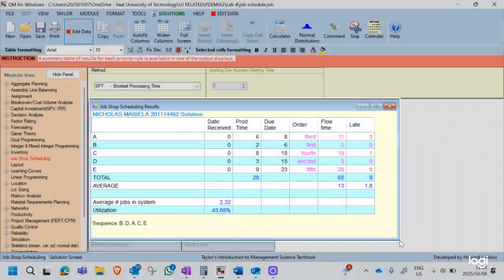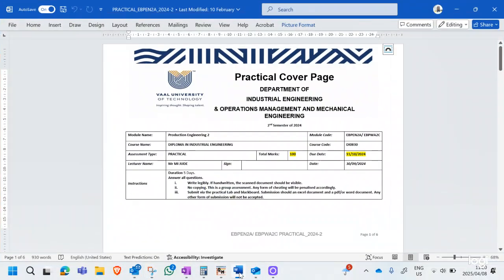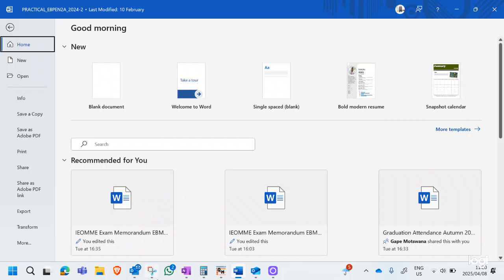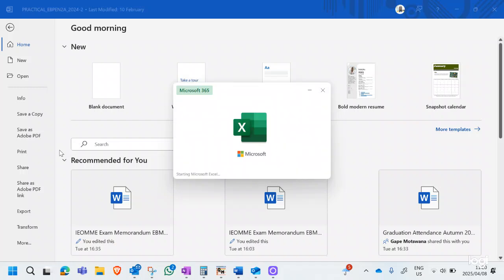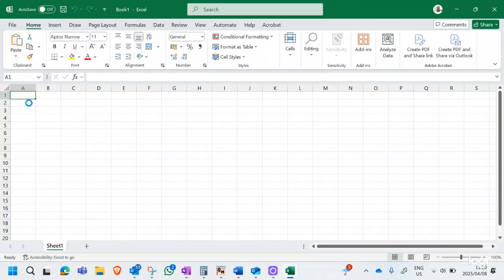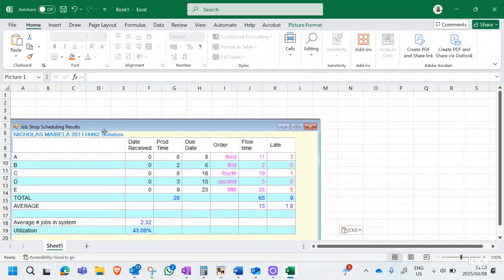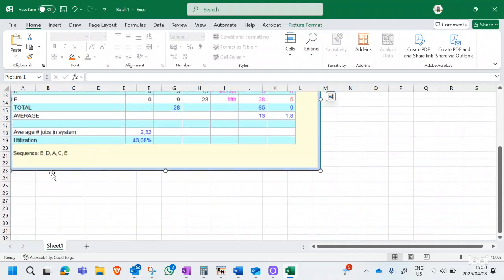You snip like this. Then, where do you take the snip? I prefer Excel. I'll tell you why. You put that under Excel. You paste and you can move it around. You guys were claiming that in Excel you can't write.